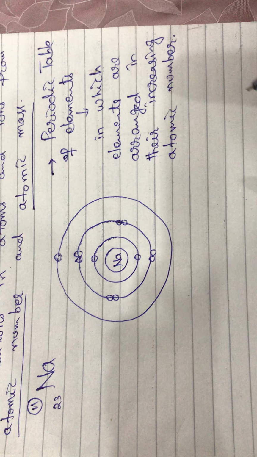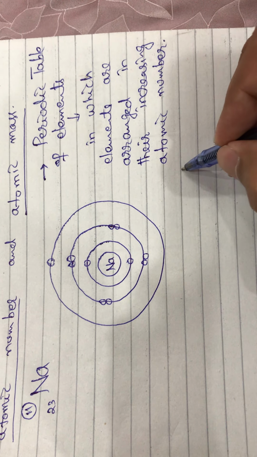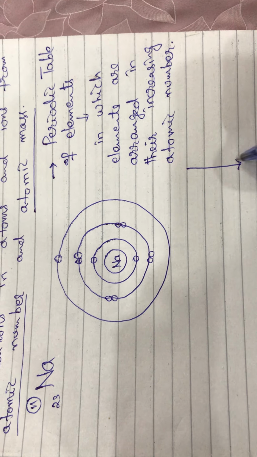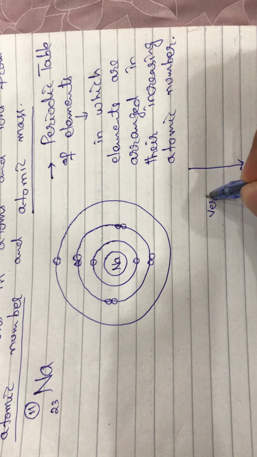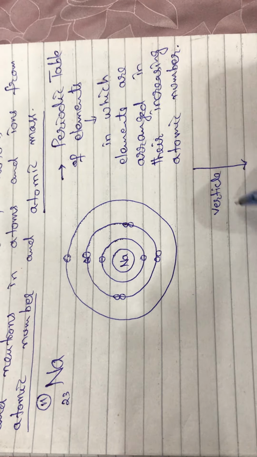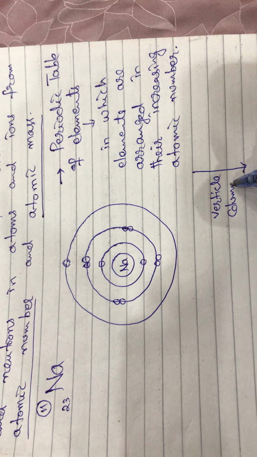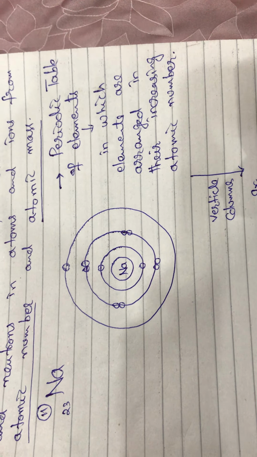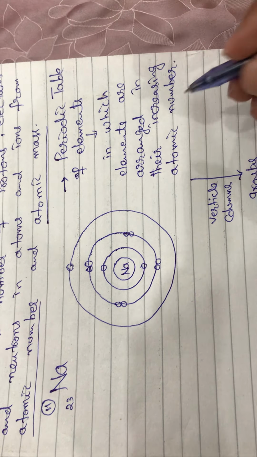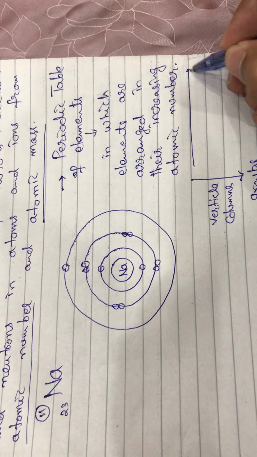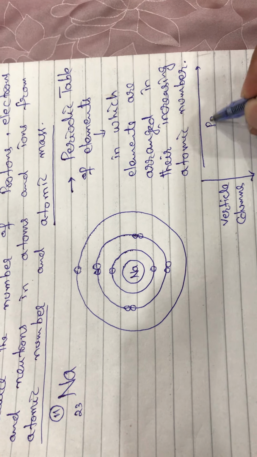Now the periodic table has vertical columns which are known as groups of elements, and horizontal rows which are known as periods.